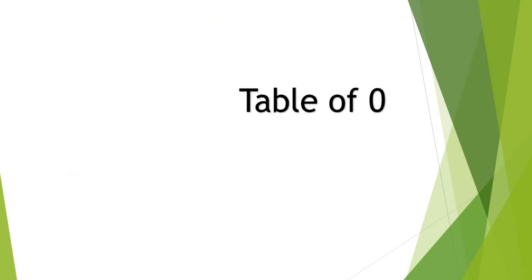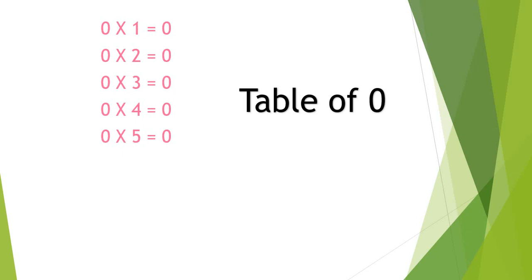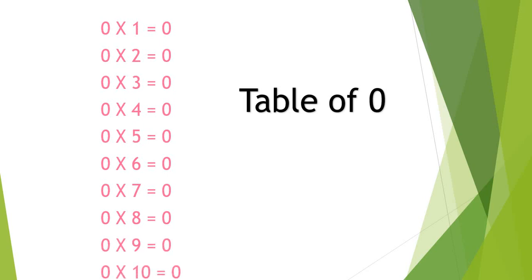Let's have a look the table of 0. 0 ones are 0, 0 twos are 0, 0 threes are 0, 0 fours are 0, 0 fives are 0, 0 six are 0, 0 sevens are 0, 0 eights are 0, 0 nines are 0 and 0 tens are 0. In this table we can see that all answers are 0.